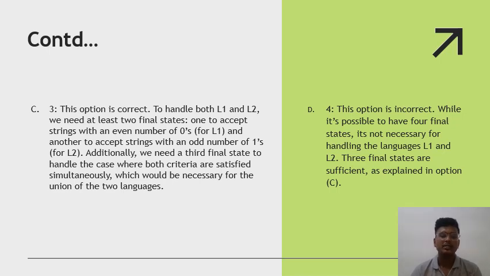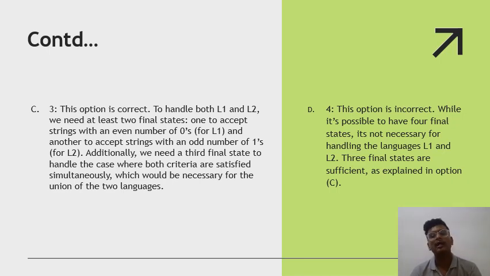One to accept strings with an even number of zeros, and another to accept strings with an odd number of ones. Additionally, we need a third final state to handle the case where both criteria are satisfied simultaneously, which should be necessary for the union of the two languages. And so the fourth option is also incorrect.